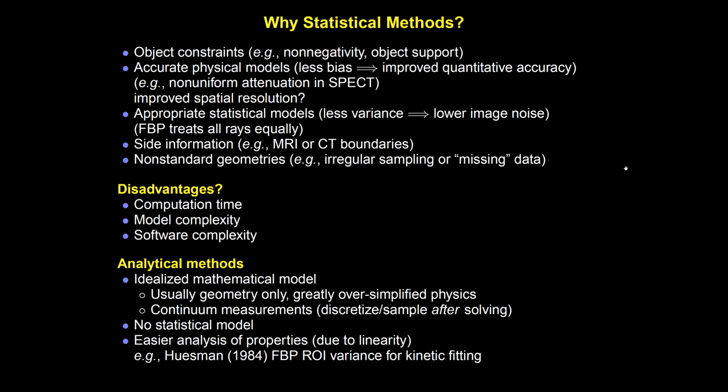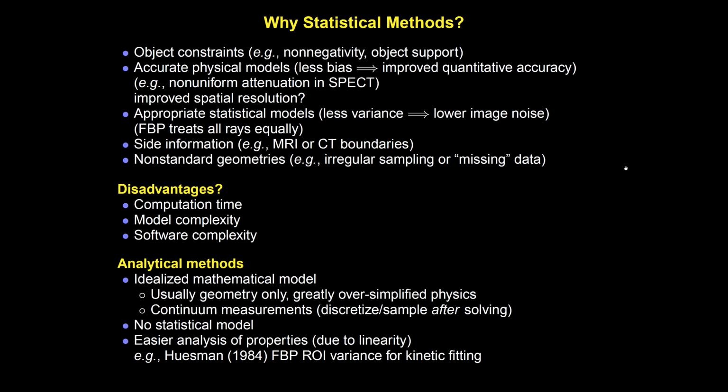It doesn't mean that the traditional method doesn't work. It does have some very nice properties. For example, its idea is based on an ideal mathematical model, and FBP is actually linear. It's a linear operator, which means that some properties you know in your data can be easily translated to your reconstructed image.